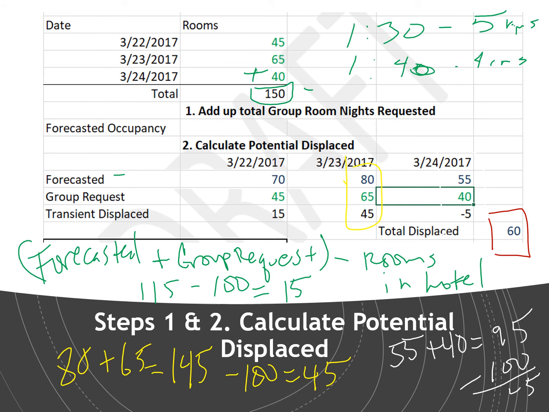And so if we don't displace anybody, then that number essentially becomes a 0. Okay, so 15 plus 45 plus 0, since we're not displacing anybody, gives us our 60 displaced.